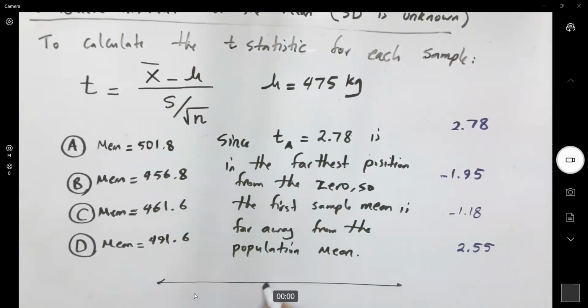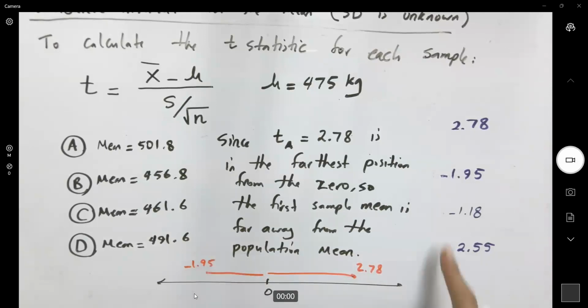If you consider this as 0, 2.78 is here. Negative 1.95 is here. Negative 1.18 is here.